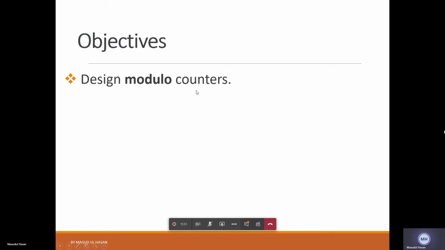How it will work as a mod 100 counter, we will see. The CEO of this is connected to the CE of the next mod 10 counter. Clock is common to both of them. Reset is common to both of them. And CE is just connected with the first counter.